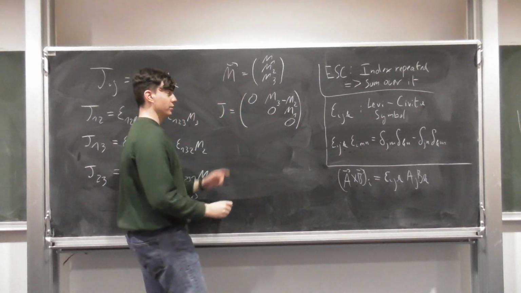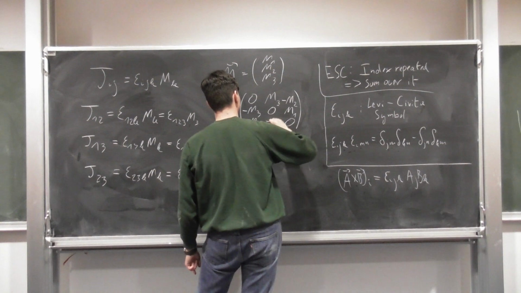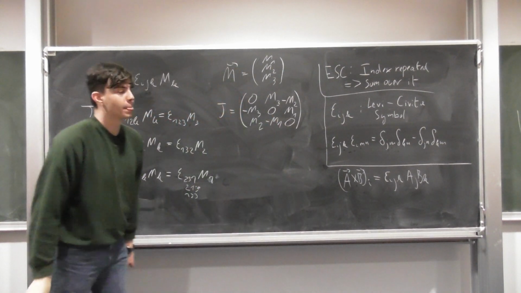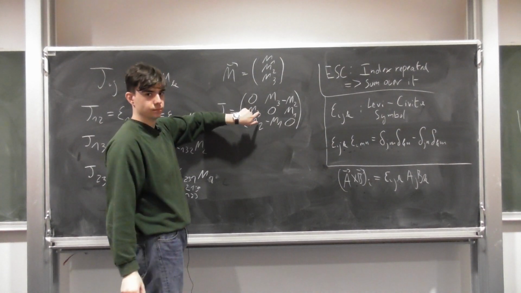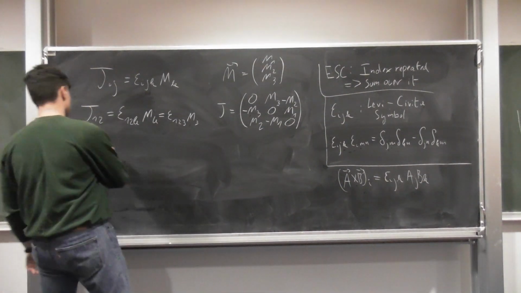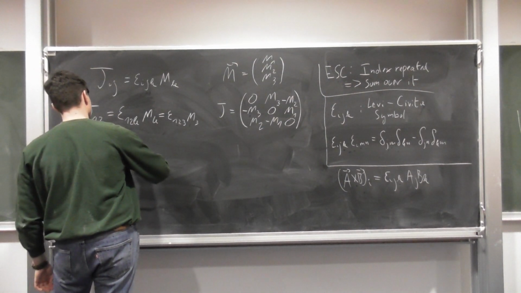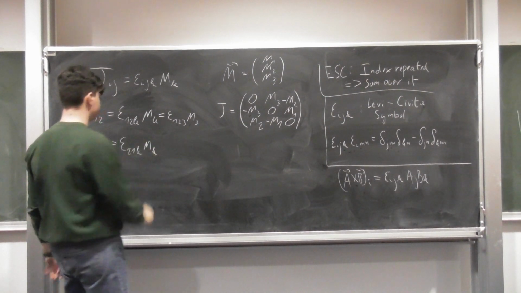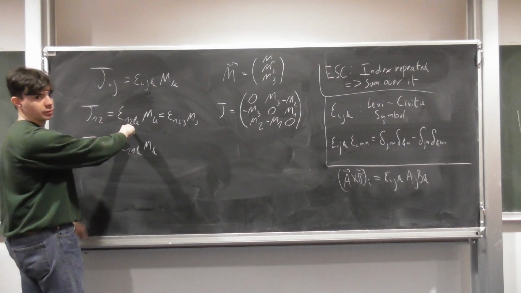I'm going to fill in the rest, almost like magic, but I'll tell you why I know how to fill it in. So what is this entry? It's J21. Okay, why is that useful? Well, J21 is equal to epsilon 21k m_k, but that's exactly 1 permutation away from this Levi-Civita symbol.